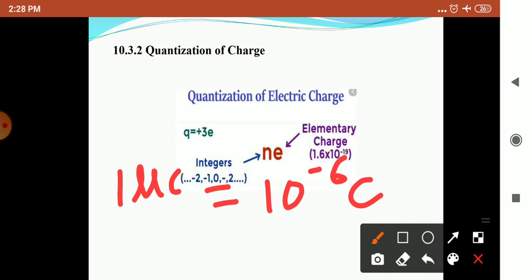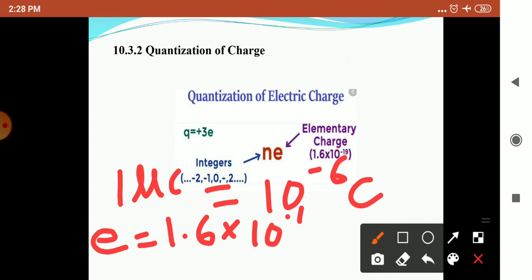The elementary charge e is equal to 1.6 into 10 raised to minus 19 coulomb.